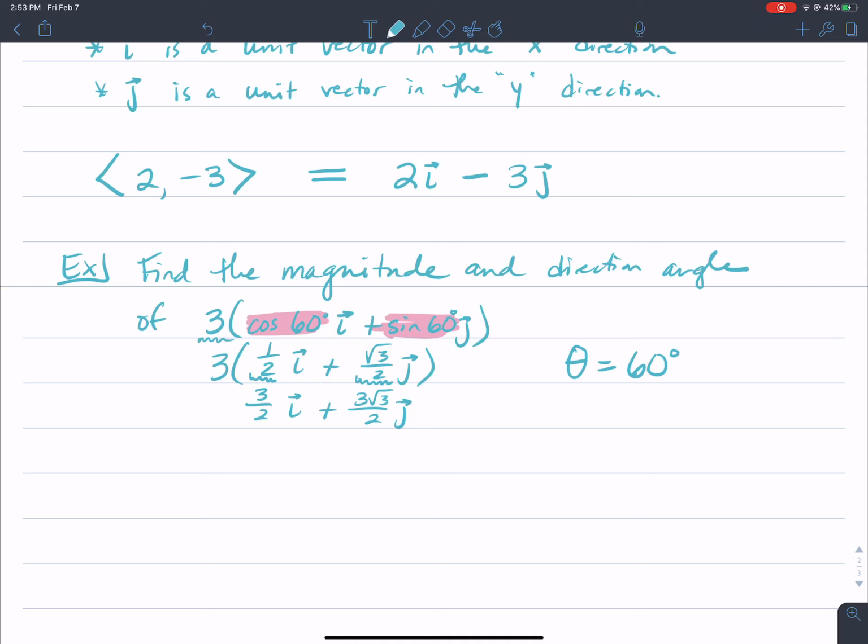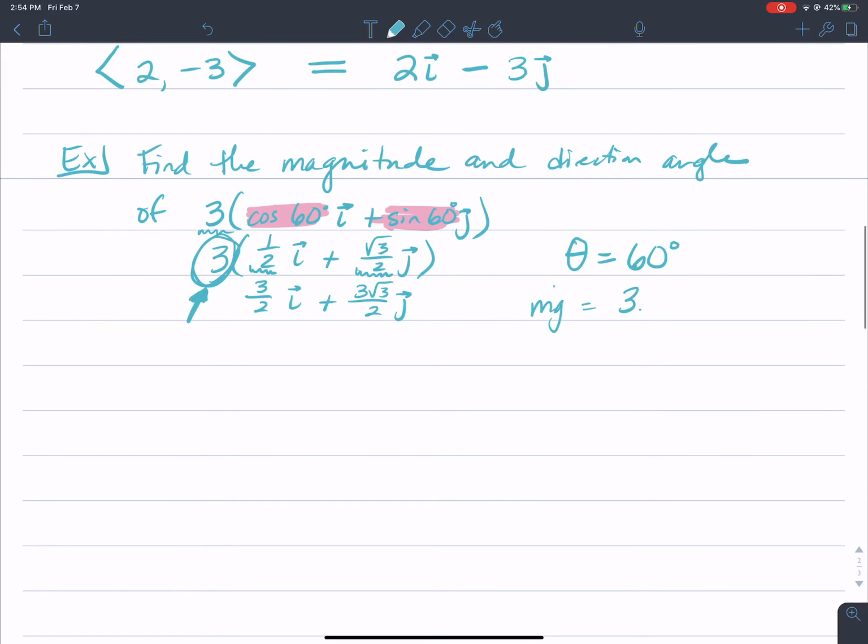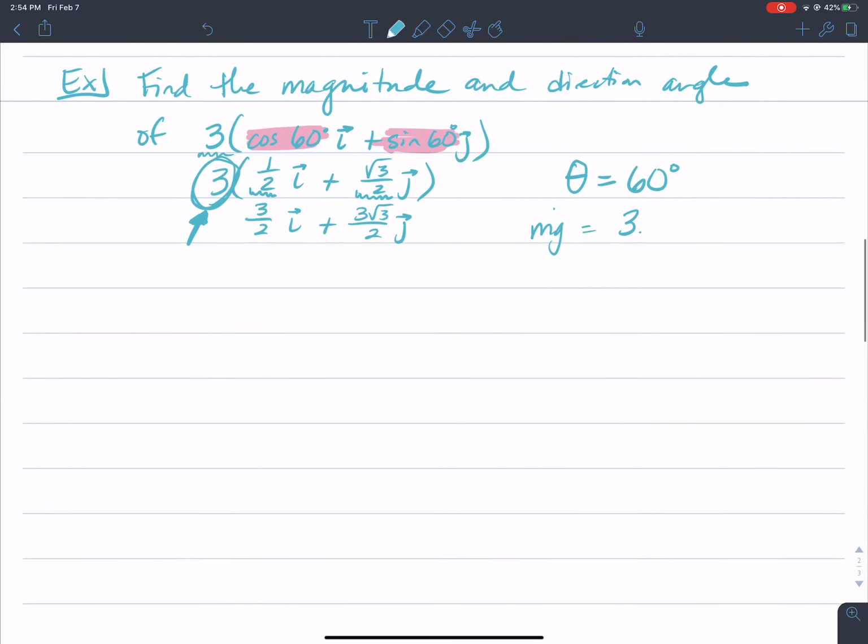So what is this 3 really representing? The magnitude. Yeah, because it's 3 times bigger than the values that are on the unit circle. So this is actually a trick question. The magnitude here is actually 3. That question was tricky and gross.